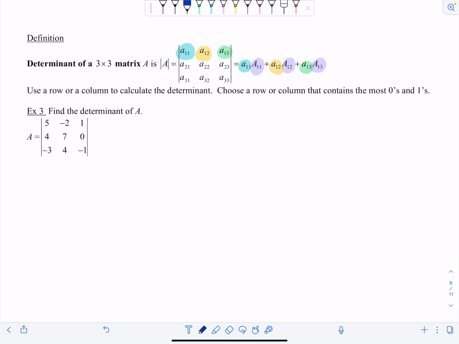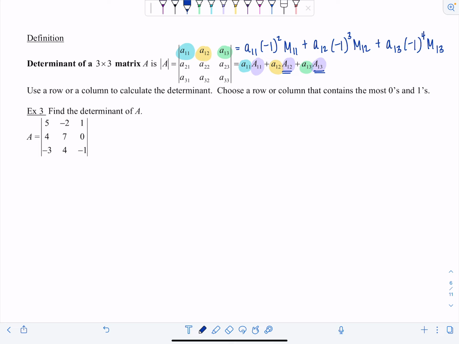So if we look at this in more detail, this is basically a11, and then the cofactor would be -1 raised to the 1 plus 1, times M11, plus a12, and then capital A12 would be -1 raised to the 1 plus 2, which is 3, times the minor M12, plus lowercase a13, and then capital A13, the cofactor, would be -1 raised to the 1 plus 3, which is 4, times M13.